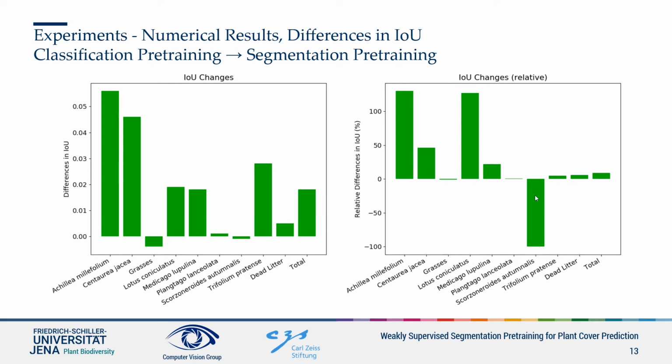We can see one large drop here for Scorzoneroides autumnalis. However, this is explained quite easily. This plant is quite rare in the InsectArmageddon dataset, and it was almost not contained in our segmentation data, and therefore there was almost nothing to detect, and this drop is basically only a drop from 0.01 to completely zero, so this drop is negligible in this case.